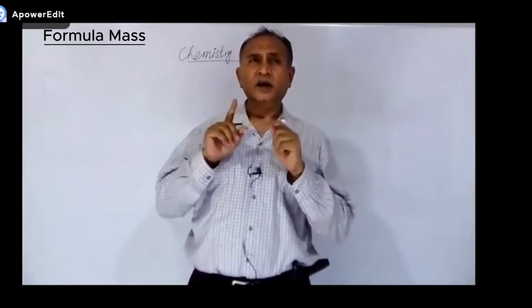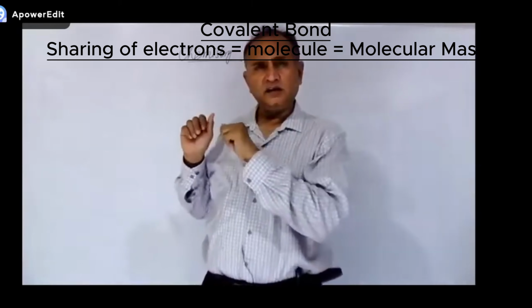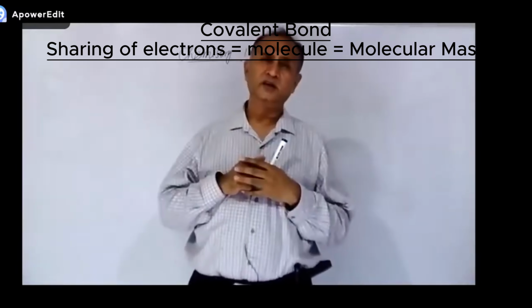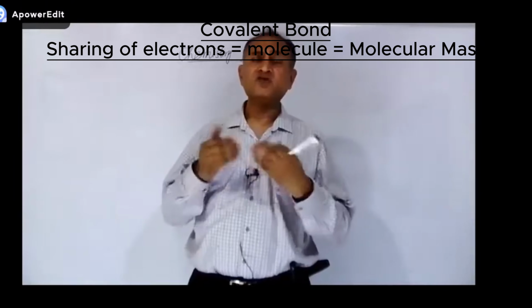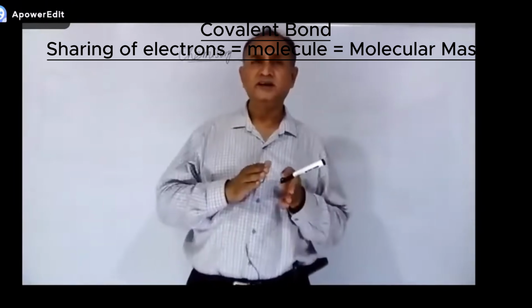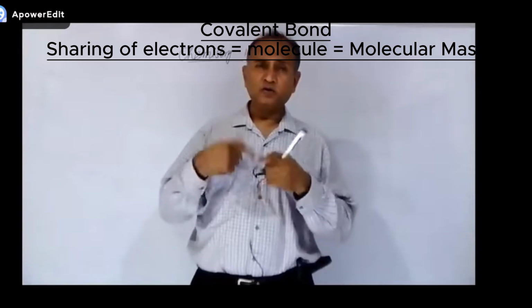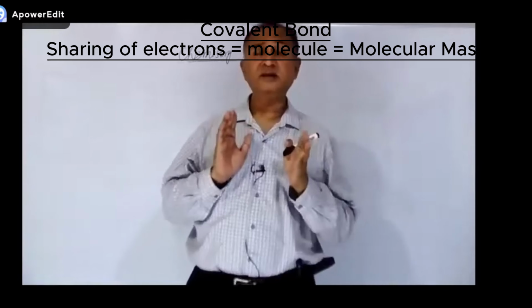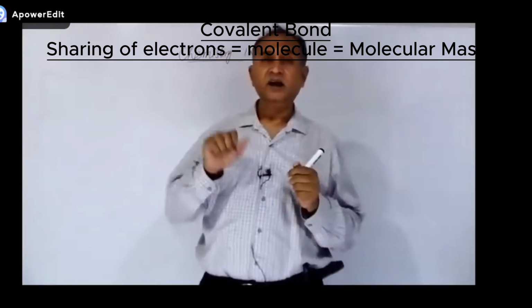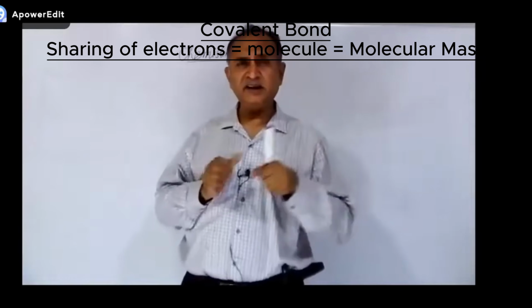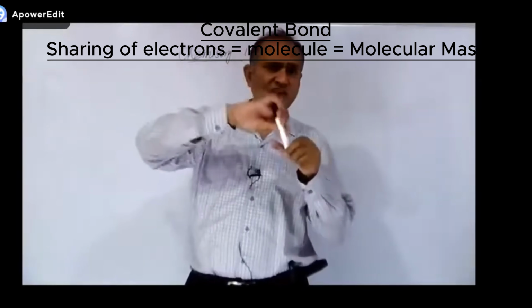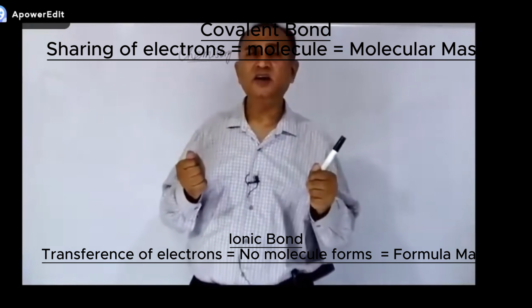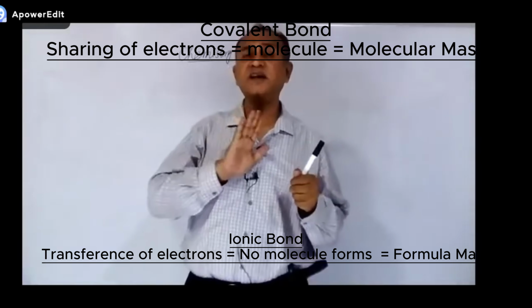If sharing of electrons is there, a molecule is formed. And sharing occurs between non-metal and non-metal. You should go through all of these on the YouTube channel so that you will be able to understand it easily. Second, if one is metal and the other is non-metal, then the metal will donate its electron to the other one. This type of bond is called ionic bond, and in ionic bond there isn't any formation of a molecule.